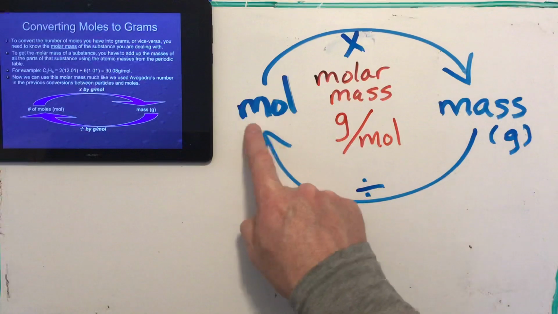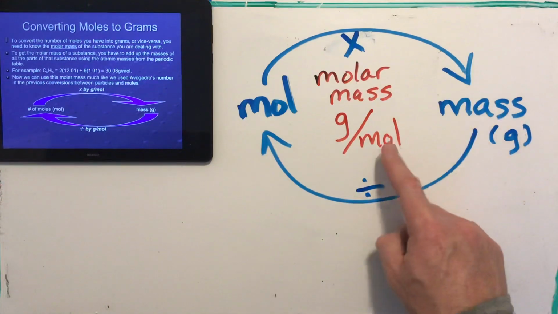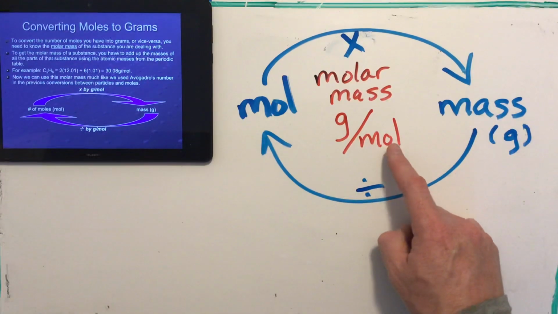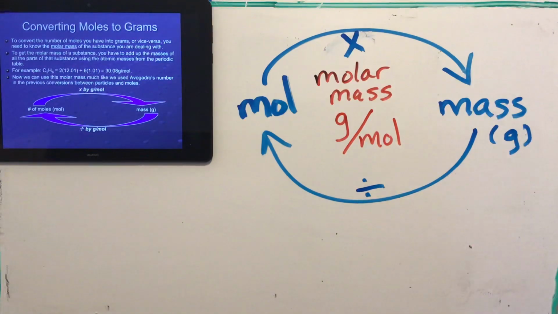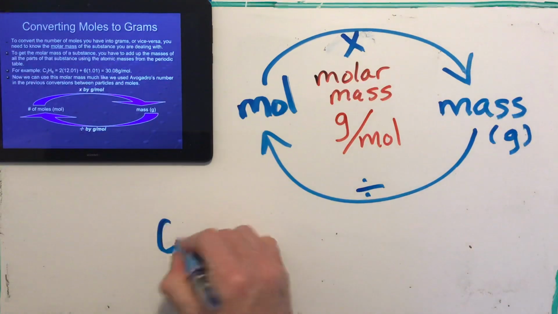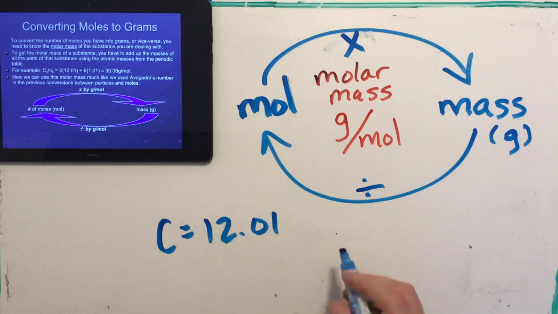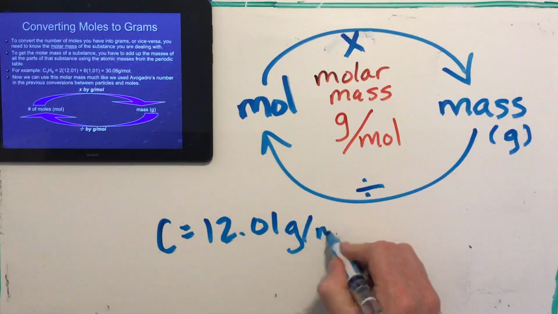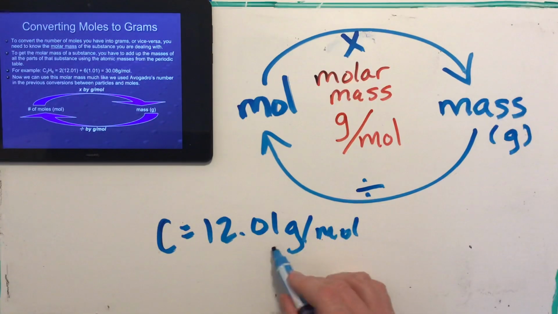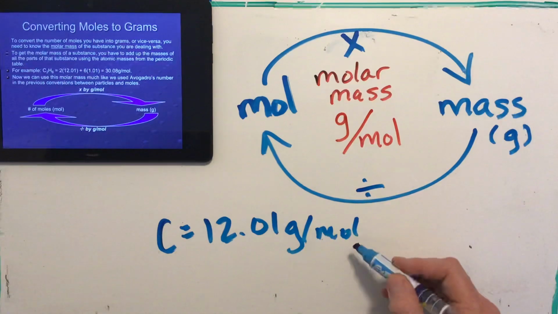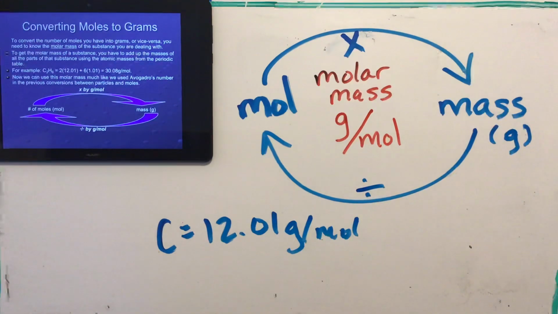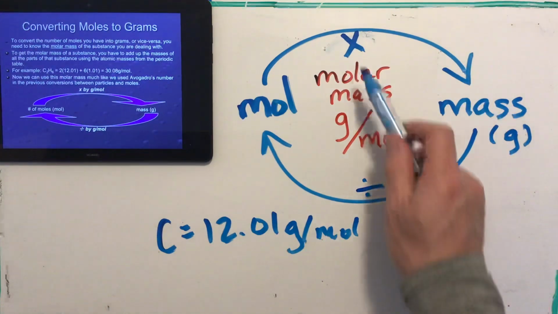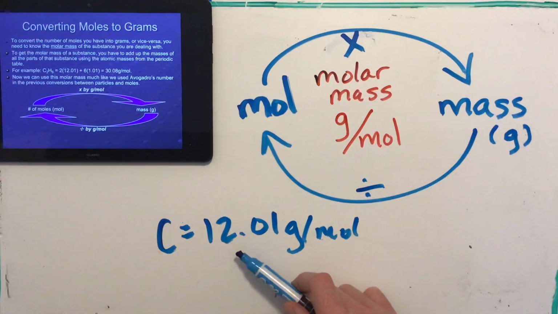So to go from moles to mass, I multiply by the molar mass, right? So let's say carbon is 12.01 on the periodic table. That means its molar mass is 12.01 grams per mole. So if I had 3 moles of carbon, I would multiply, because each mole is 12.01 and I have 3 moles.